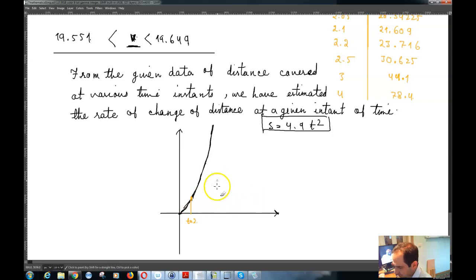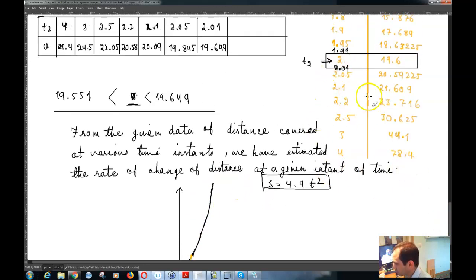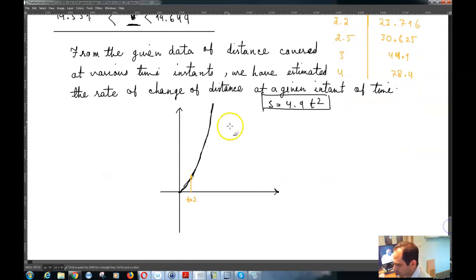Now I take it from the right, for example, meaning the set over here which was related to this table down here. We have taken some point over here, some input, and then we have calculated the difference in distance over the difference in time.